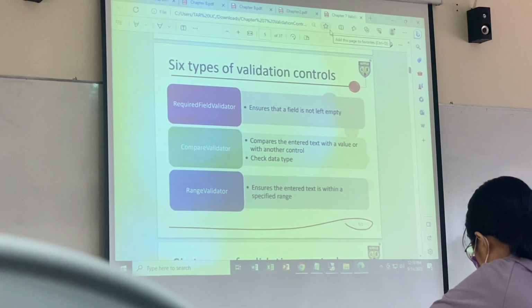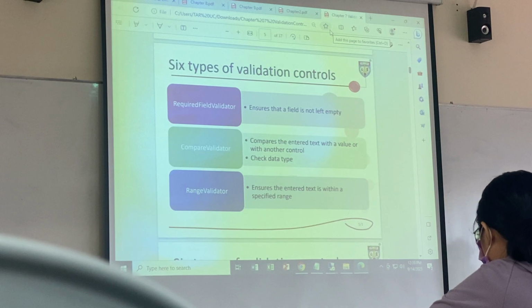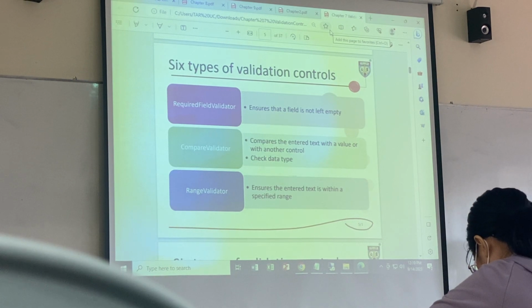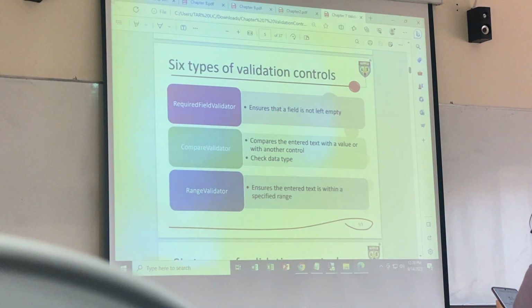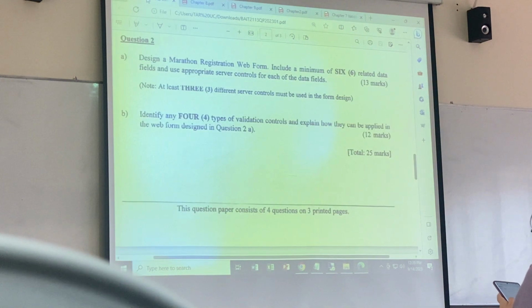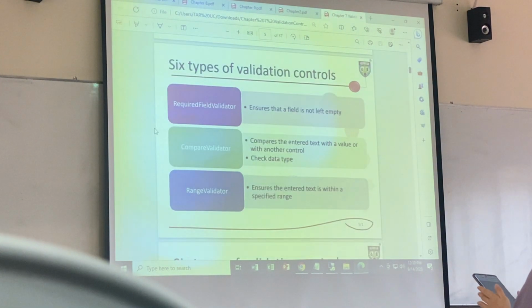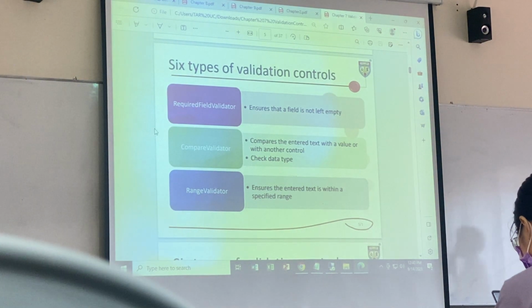The t-shirt size also you apply it. The distance, the 25 or 10 km also you put in. When you expand it, you apply the required field validator to all of these. But this is just one. You still need 3 more, right? 4 types, so you still need 3. So which ones are you able to use?